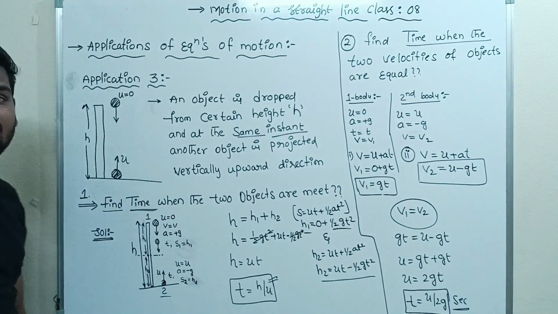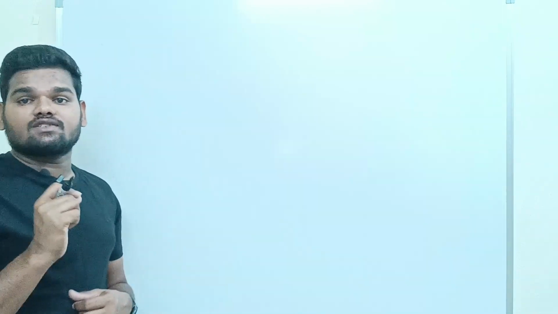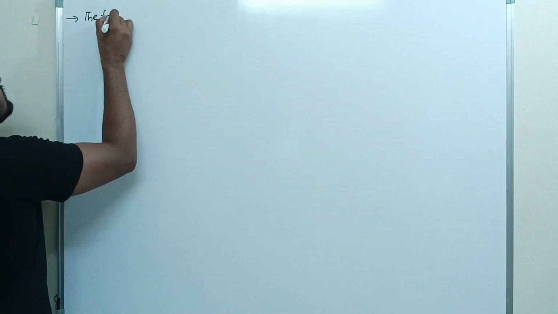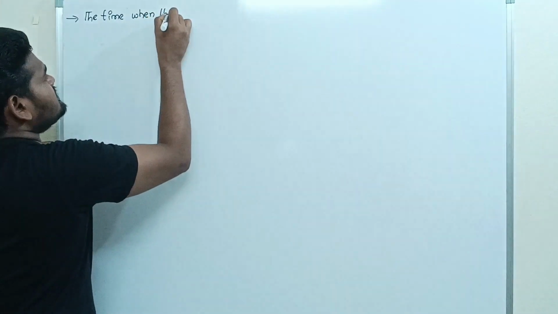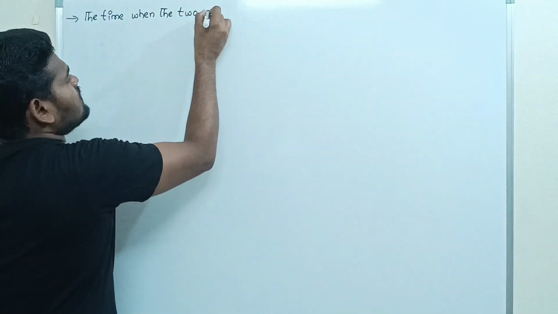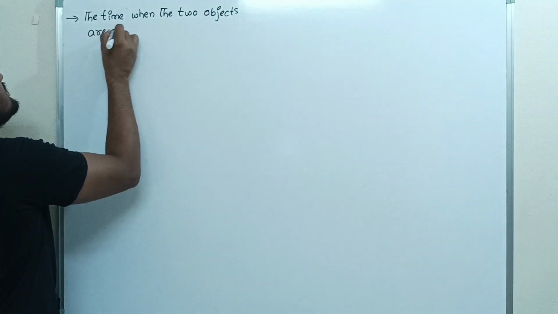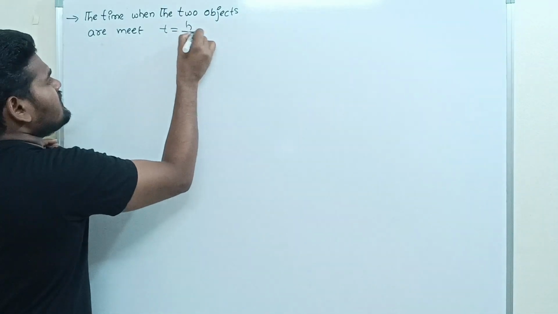Okay, 3, 2, 1, go. Right. So it is clear from that concept. The time when the two objects meet is t is equal to h by u.